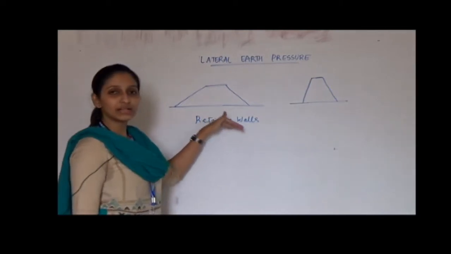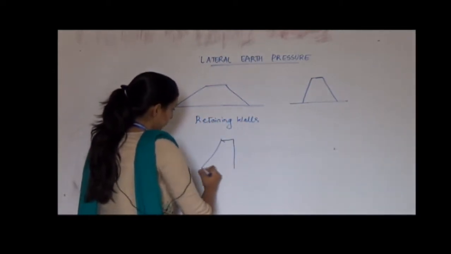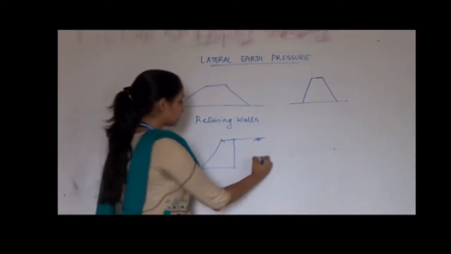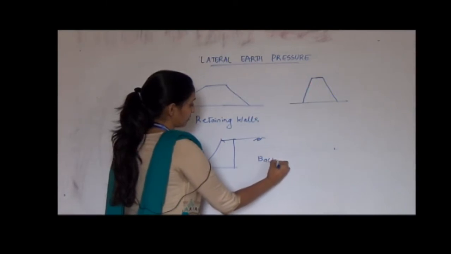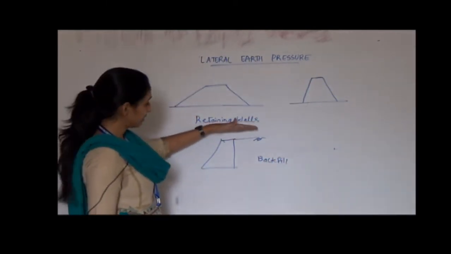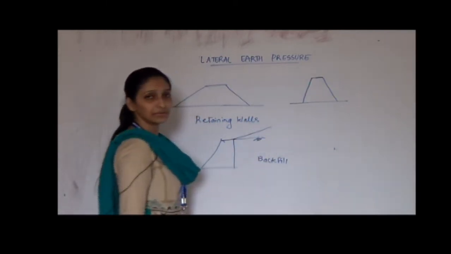Retaining walls retain the soil on the back side, and this soil mass is called backfill. The top of the soil may be horizontal or it may be inclined.